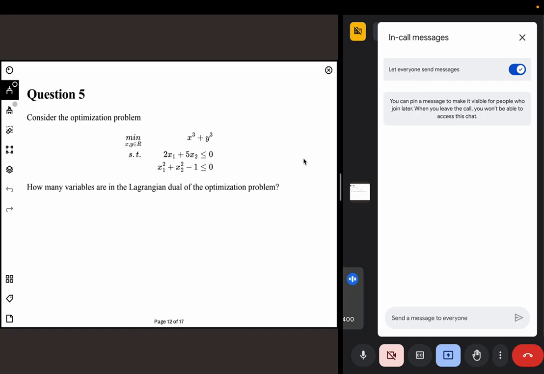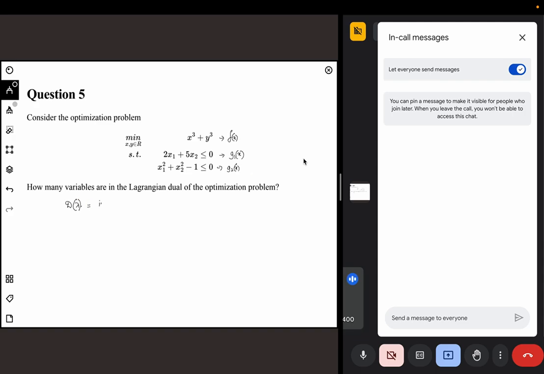So moving on to the next problem. We have this particular optimization problem where you have to minimize this again. This is my f of x, this is my g1 and this is my g2. How many variables are there in the Lagrangian dual of the optimization problem? If I write the Lagrangian dual, it will be something like d of lambda. There are no equality constraints, so it will be just lambda.